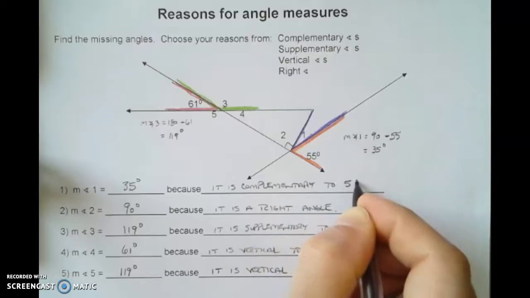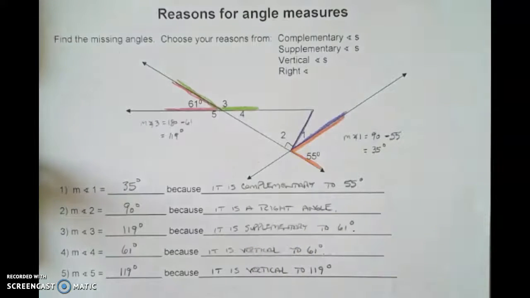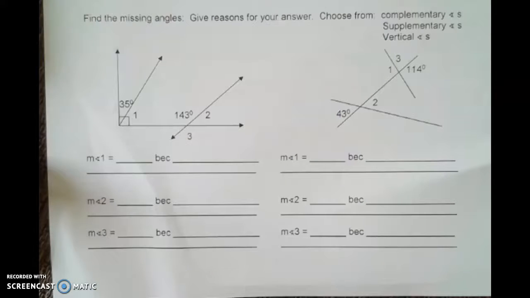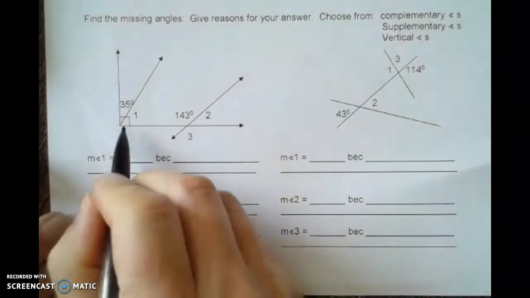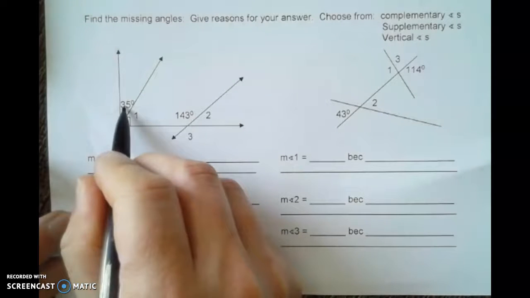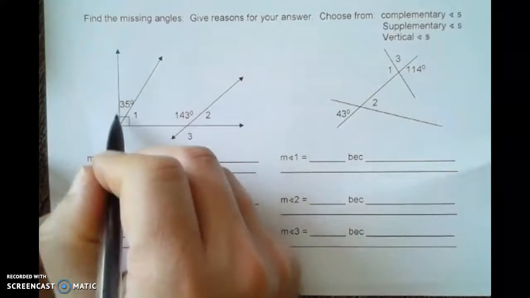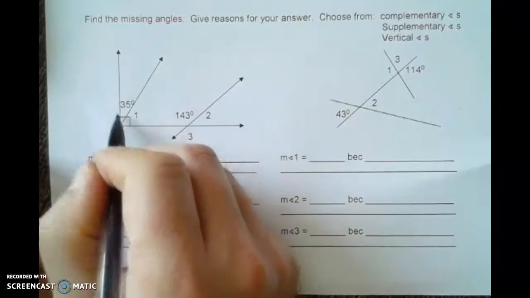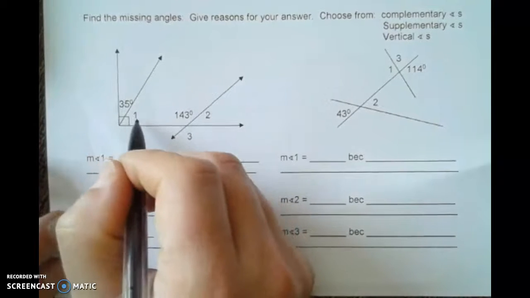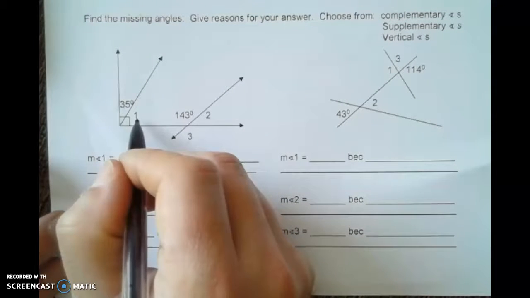Looking at my picture on the left, I have 3 missing angles. I'm going to come up with their measures and give a reason why. And I see right away here at angle number 1, angle 1 and 35 degrees, they form this right angle. Okay, which means that angle 1 and 35 degrees, they're complementary angles.